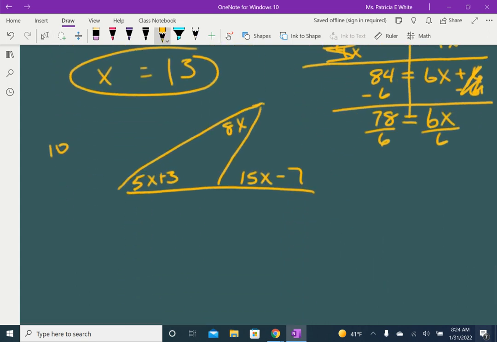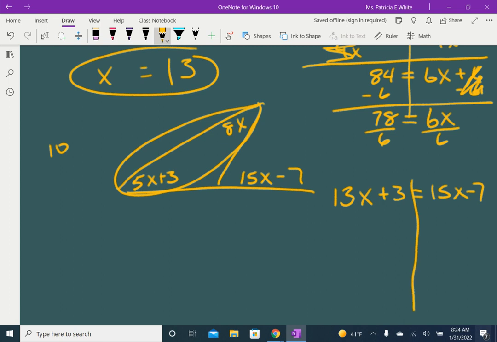And I want to go ahead and merge our like terms together while we're looking at them in the interior angles. I have a 5x and an 8x, so that gives me 13x plus 3 equals 15x minus 7. Doesn't save you a whole lot, but it does save some.